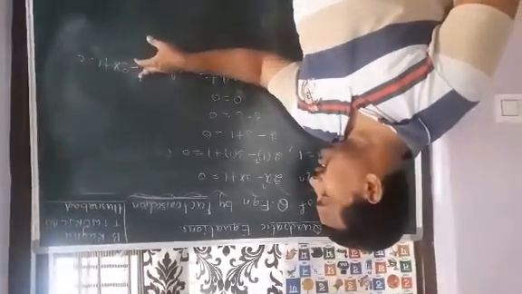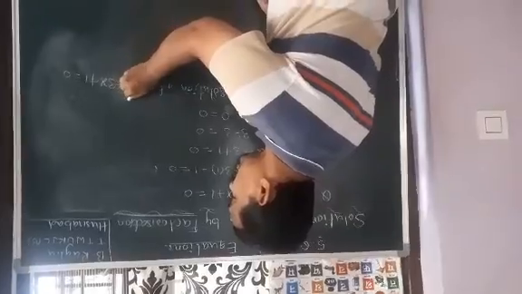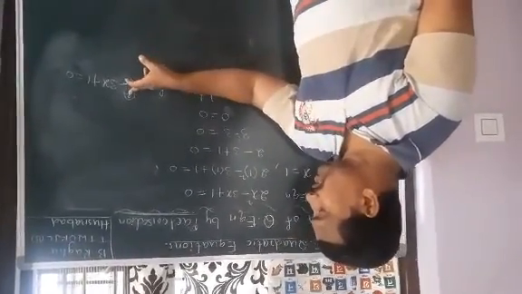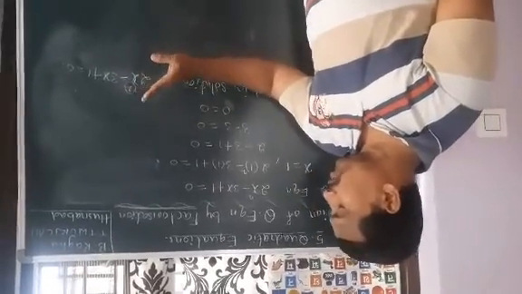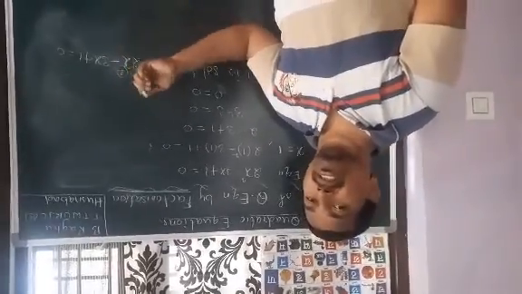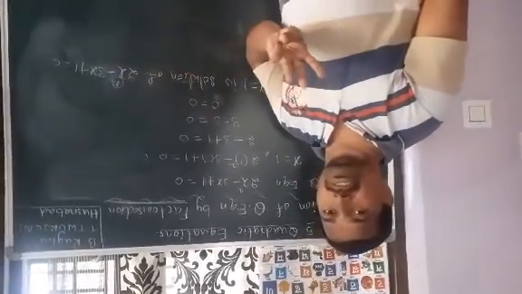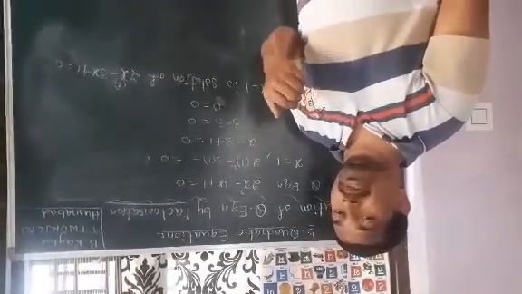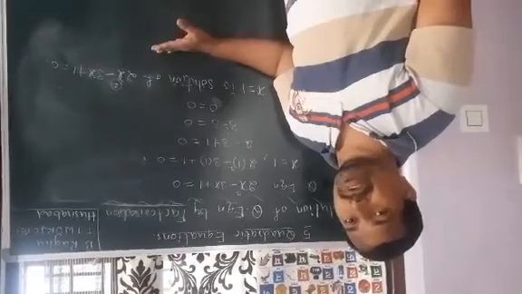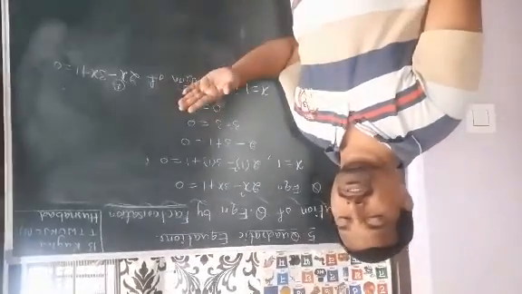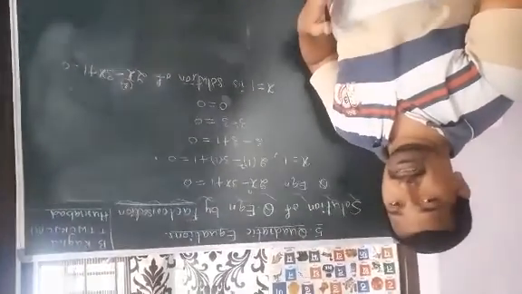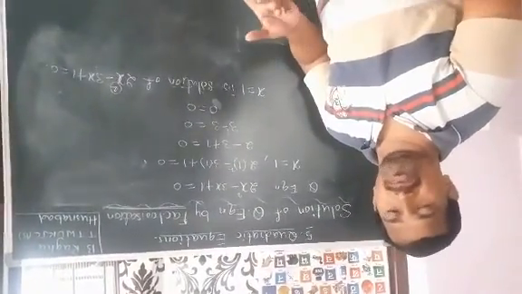So the highest degree of the variable in the polynomial or in the equation, if the degree is 2, then how many solutions are there? 2 solutions. If the degree is 3, then the polynomial equation has 3 solutions. If the degree of the polynomial is n, then the polynomial has n solutions. So a quadratic equation has at most 2 solutions. In different cases, the 2 solutions may be equal or different. Okay.